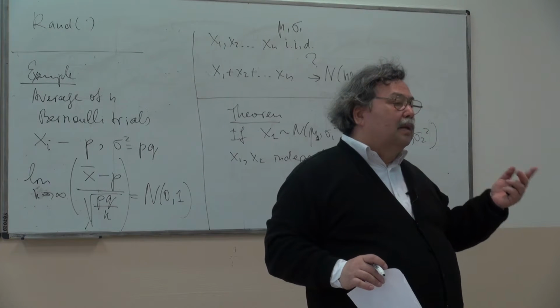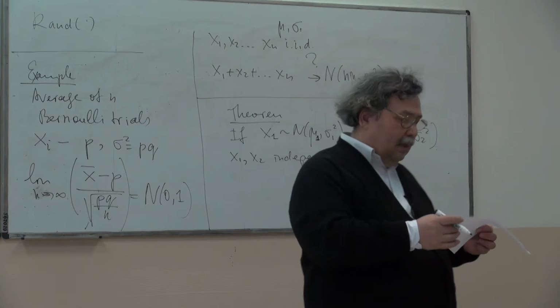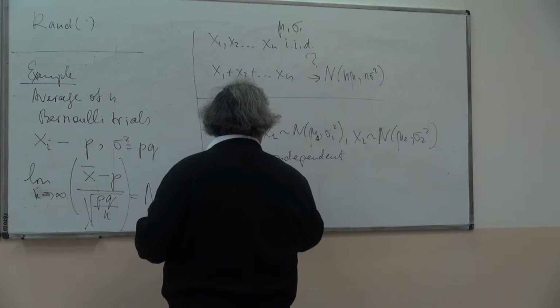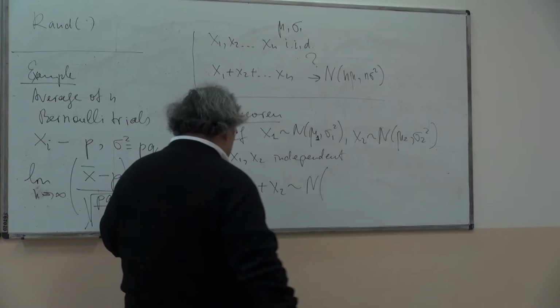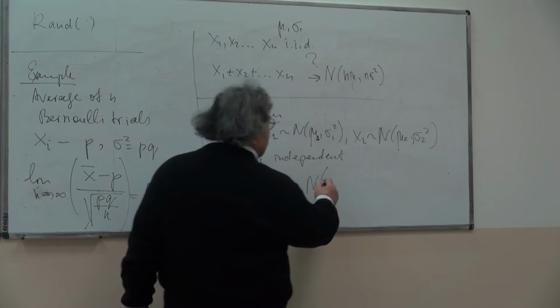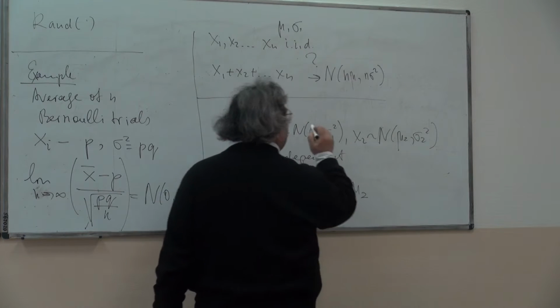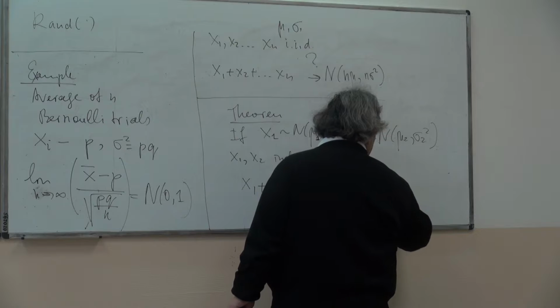Just think of this. Summing up two normal random variables produces another normal random variable. So X1 plus X2 is the normal random variable where the mean is mu1 plus mu2, and the variance is sigma 1 squared plus sigma 2 squared.